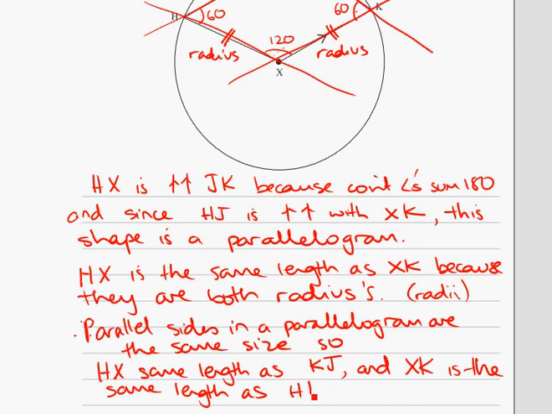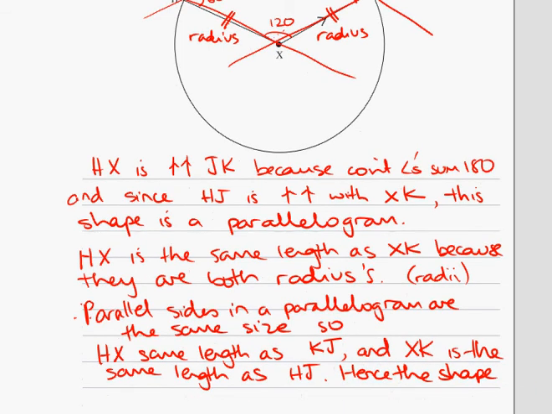It's J at the top, isn't it? Hence the shape is a rhombus, because in a rhombus obviously all the sides have to be the same length.